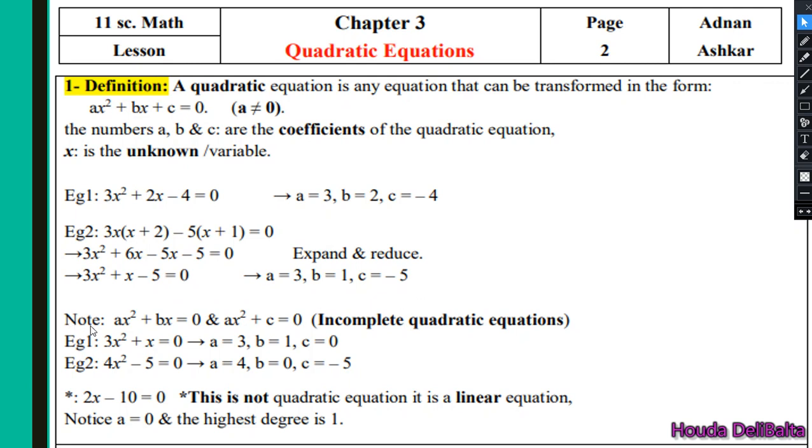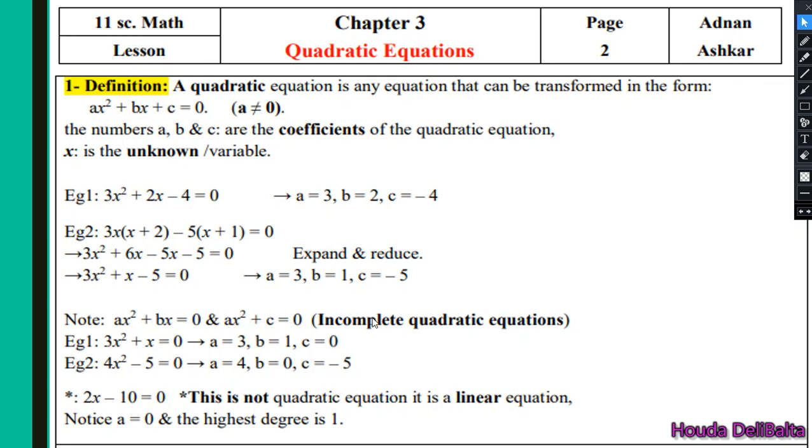This is an important note here. ax squared plus bx equals 0 means that c equals 0, and ax squared plus c equals 0 means that b equals 0. We call these forms the incomplete quadratic equations. But a should always be different from 0. So b can be 0 and c can be 0, but a should not be 0.